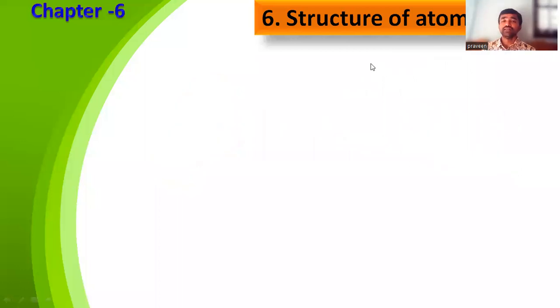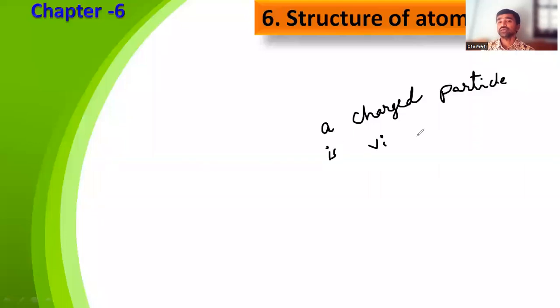That type of wave is produced by a charged particle. What? A charged particle. When a charged particle is vibrating, it can create a disturbance.